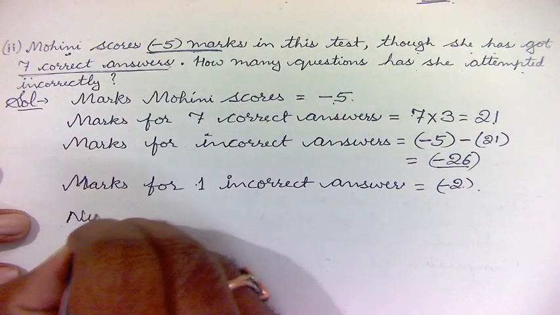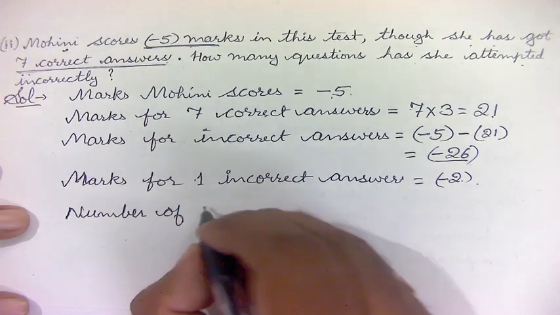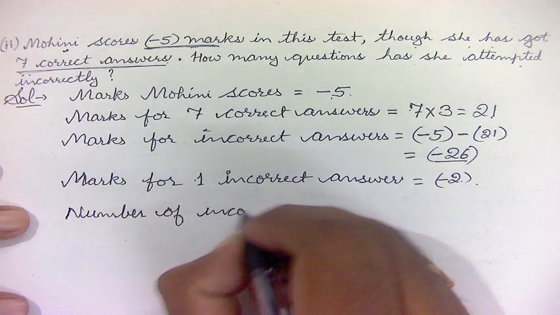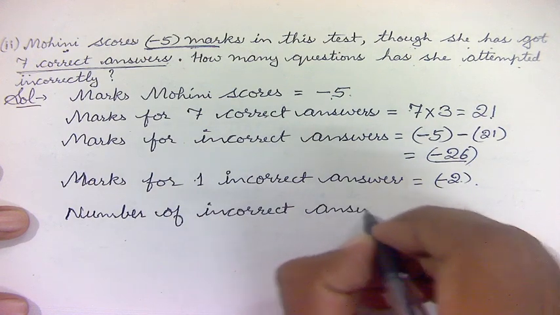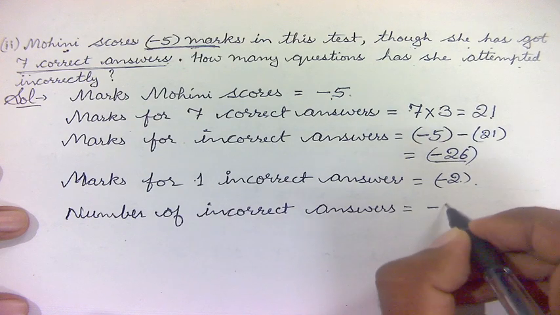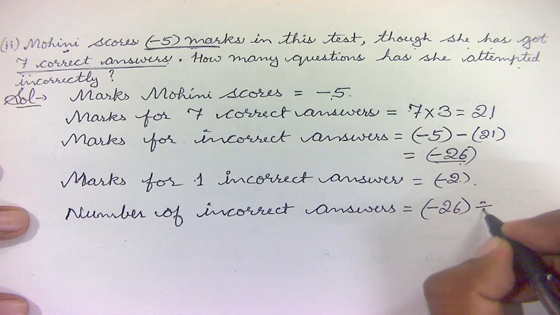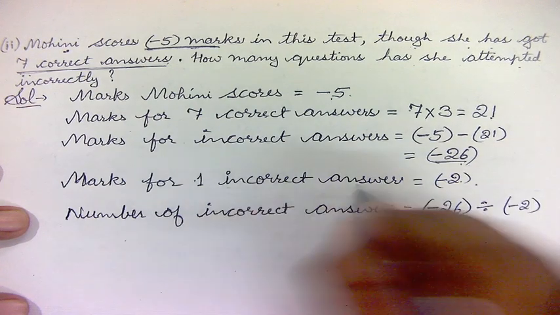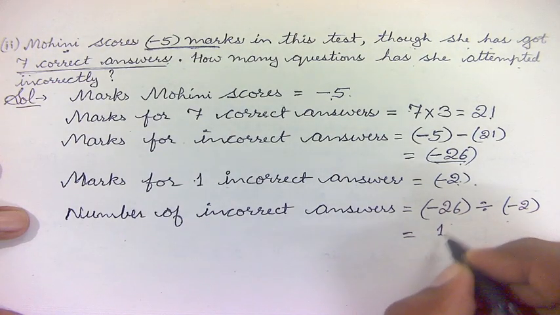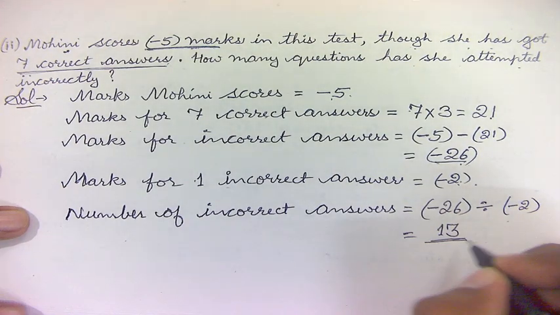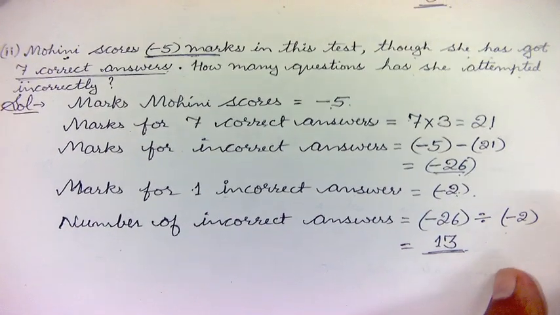So number of incorrect answers or incorrect questions will be marks obtained for the incorrect answers divided by marks for one incorrect answer. So -26 divided by -2, it is 13. So there were 13 incorrect answers. Hope this is clear now.